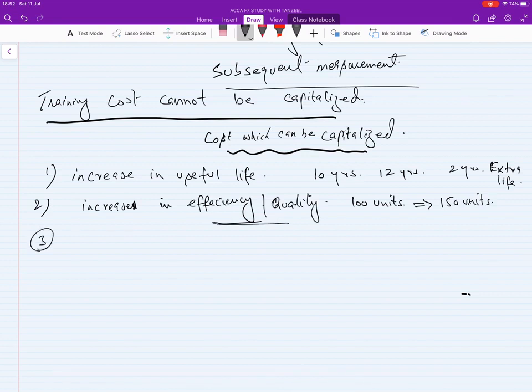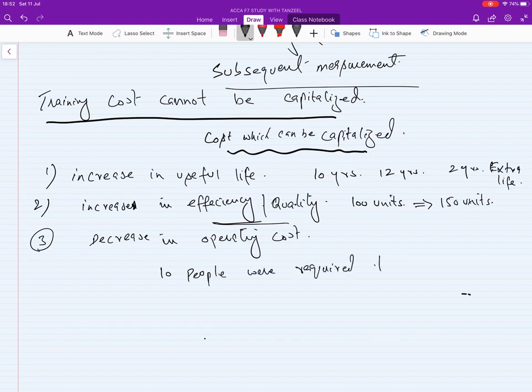Third, the cost which decreases operating cost. Say you had a machine before for which 10 people were required to operate it, but because of this expense now you just need 2 people, because you put some automatic part in it, so it starts working automatically.